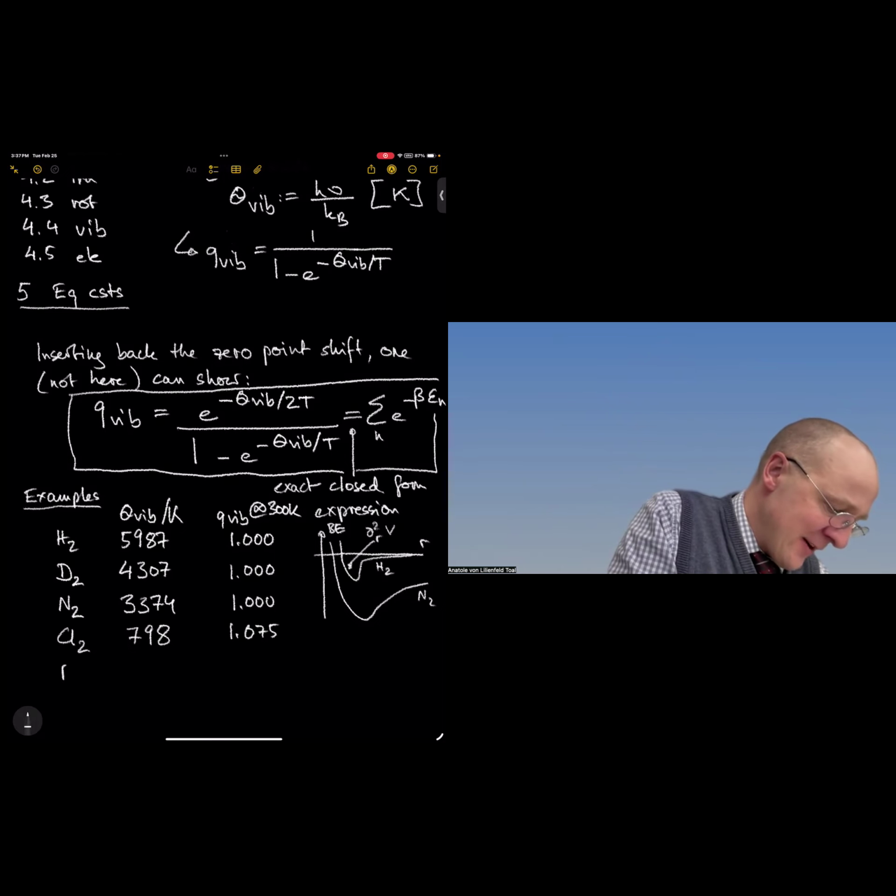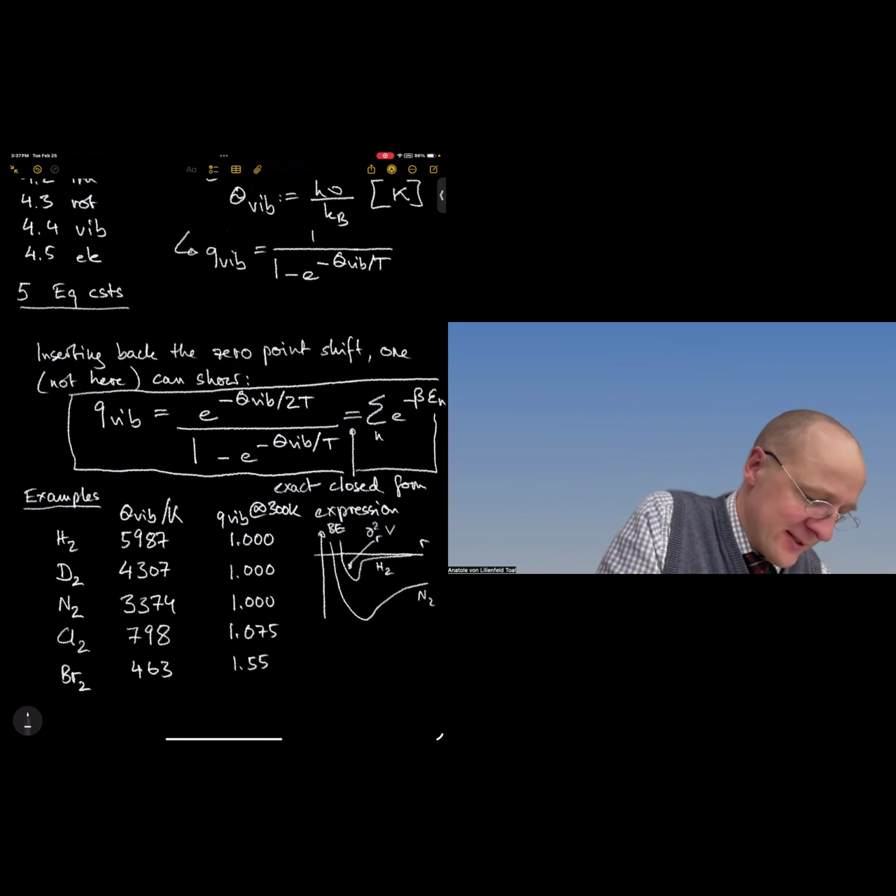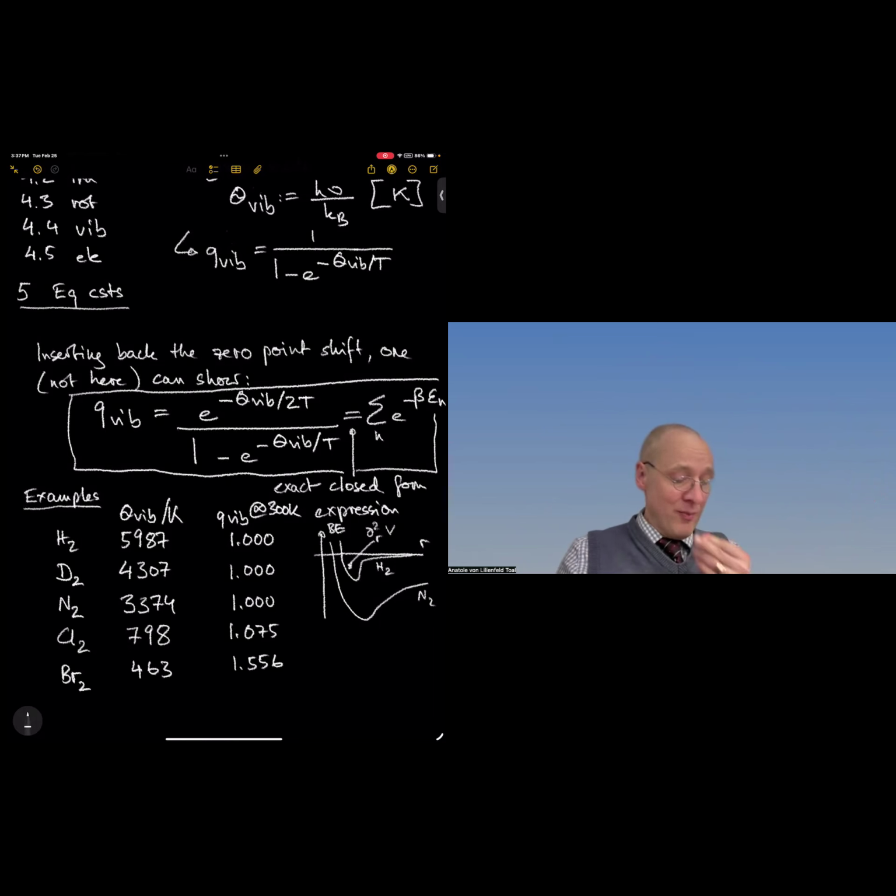And then if I go even lower to the bromine molecule, I have 463, and then I get 1.556. Okay. So you have to go to really heavy atoms with shallow bonds to see a modest impact on your partition function.